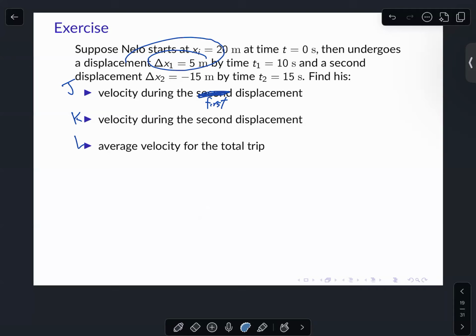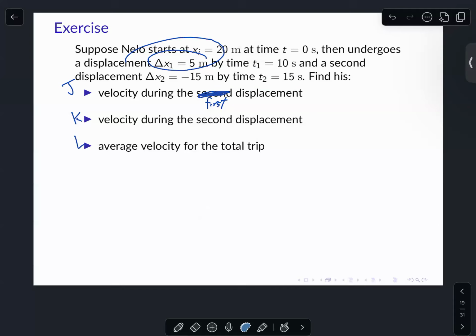Why is it 5? He said 15 there. T is not delta T. Read carefully. By the time my clock says 15 seconds, I have gone there. By the time my clock said 10 seconds, I have done the first displacement.